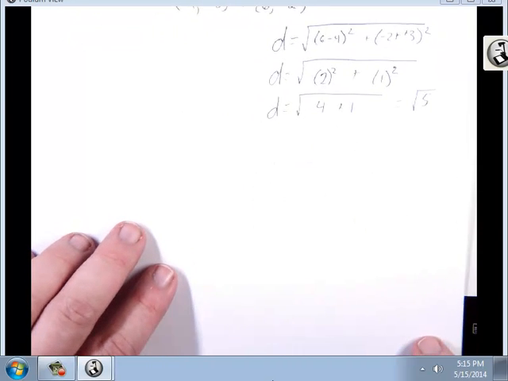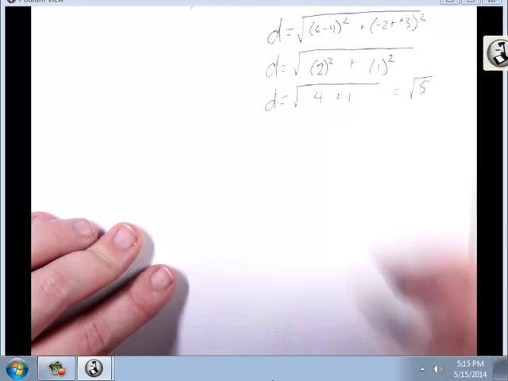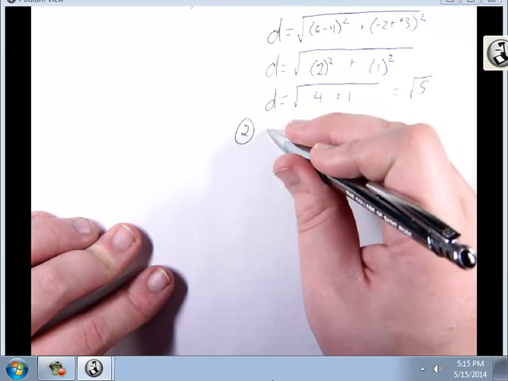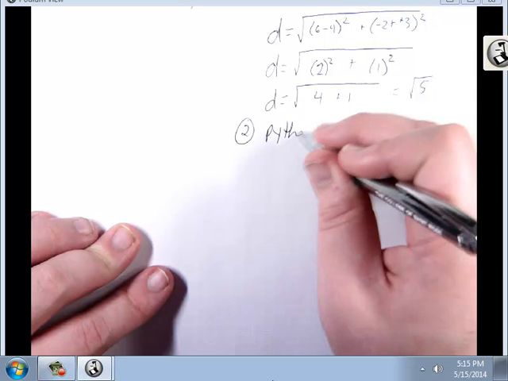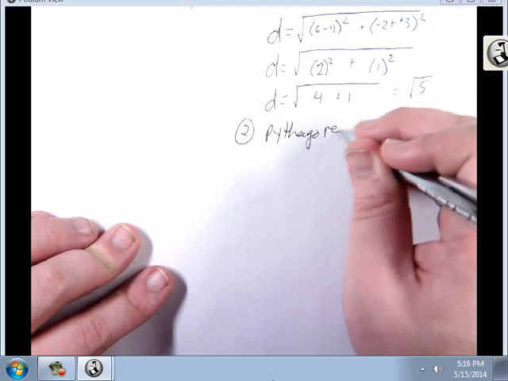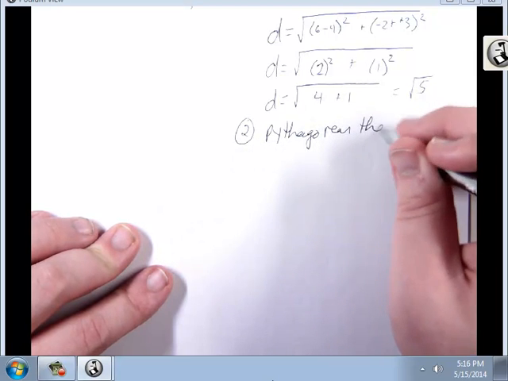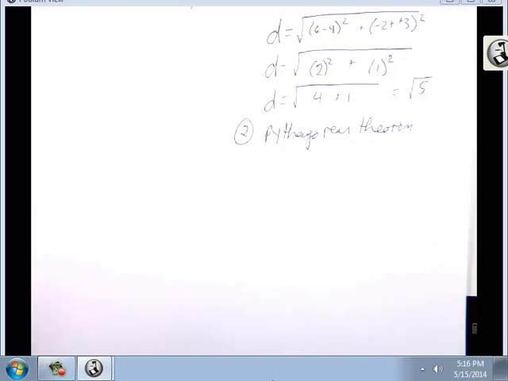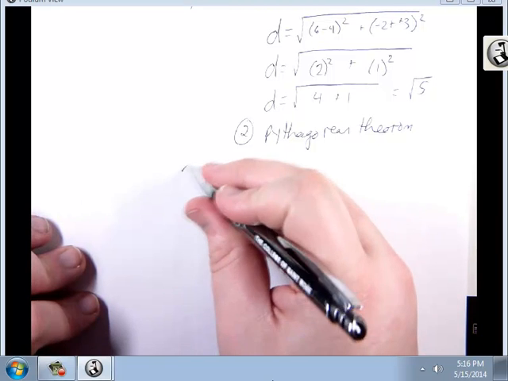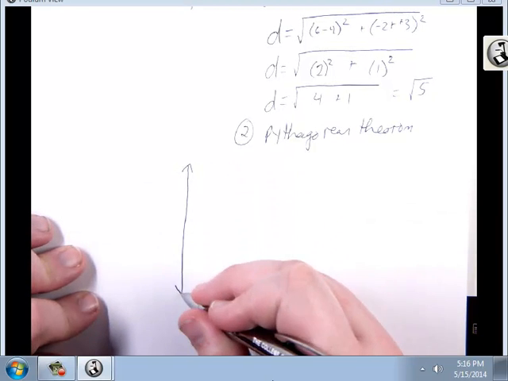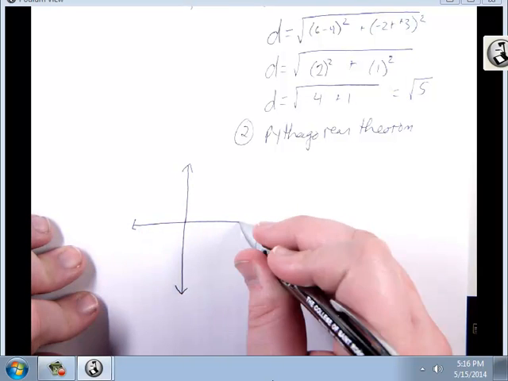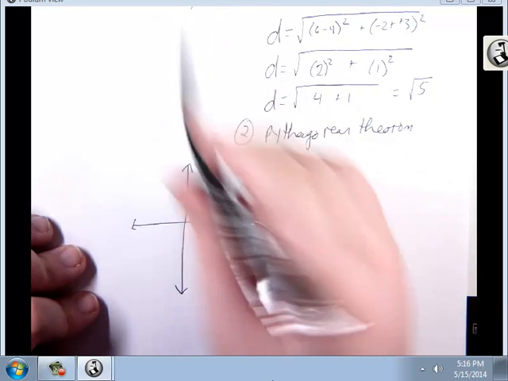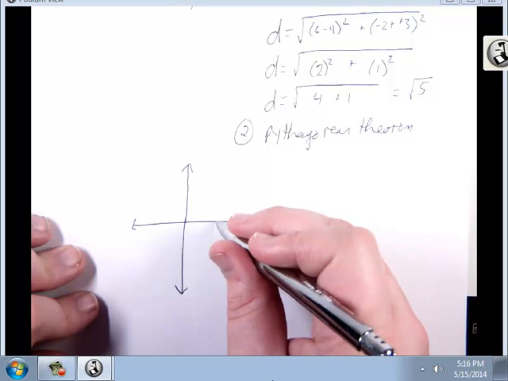The other method is Pythagorean theorem. So, let's say we've got this drawn. (4, -3) would be here.